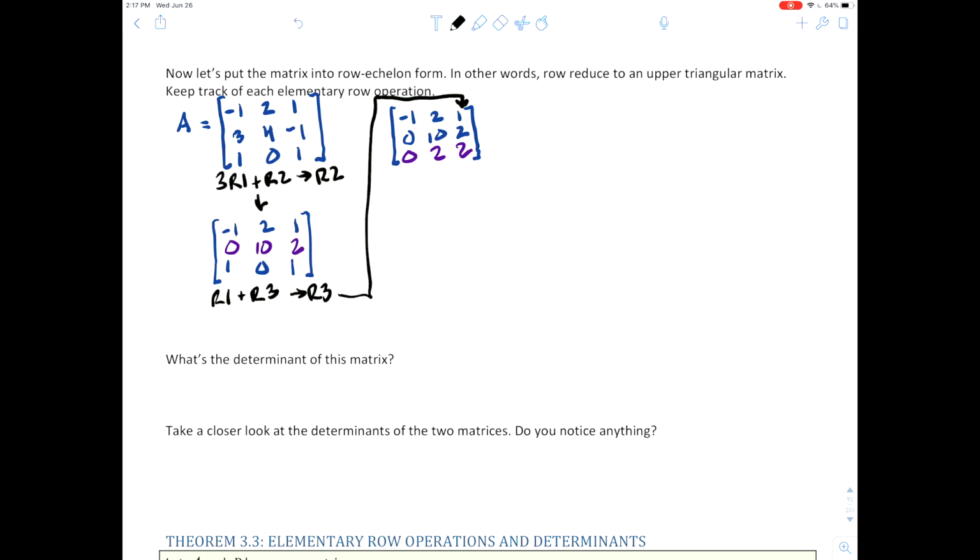Okay, so next up, if we say negative row 2 plus 5 row 3 for a new row 3, we'll get our next desired 0. So let's see what we'll have.